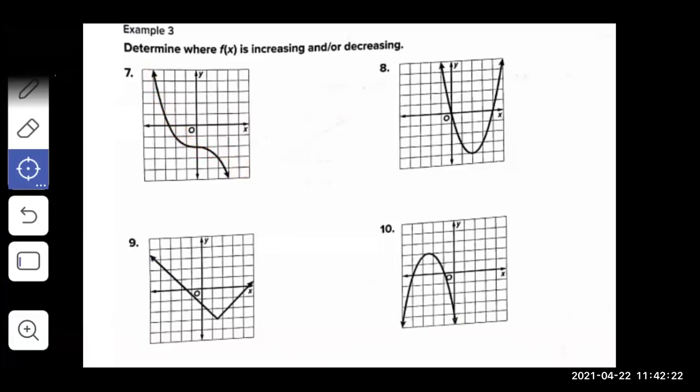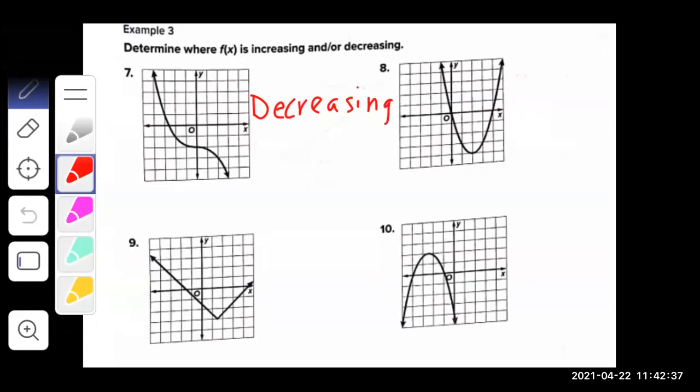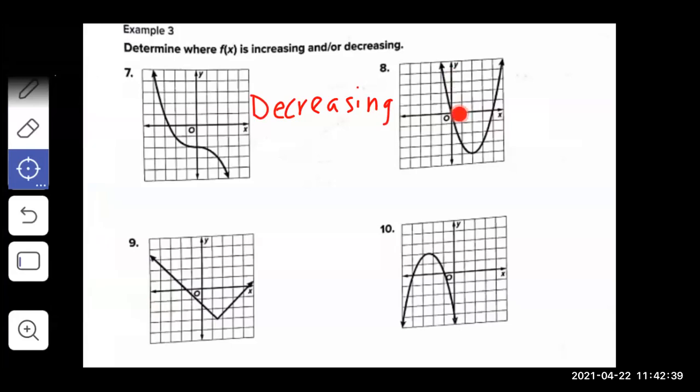Decreasing. Yes, it's like if you're here, guys, and you slide yourself down, you're going to fall down. This is decreasing. Correct. Okay, let's take a look at this one. You put yourself here and then you let yourself go down, decreasing, and then increasing.